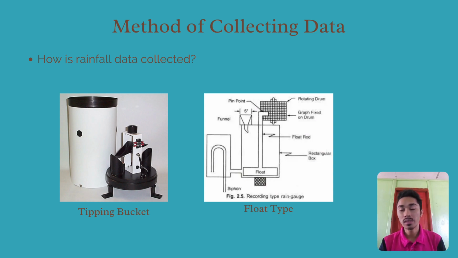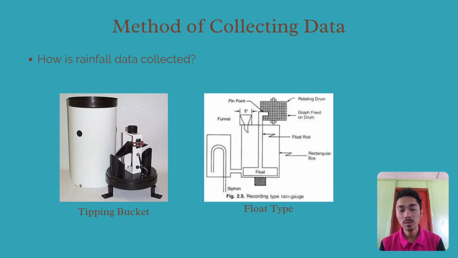These gauges have a funnel that directs rainfall into a small bucket. When a certain amount of water is collected, the bucket tips over and the number of tipping events is counted electronically, which only uses a pen and motor hand arm. Each tip typically represents a small known amount of rainfall. Another type is the weighing gauge.